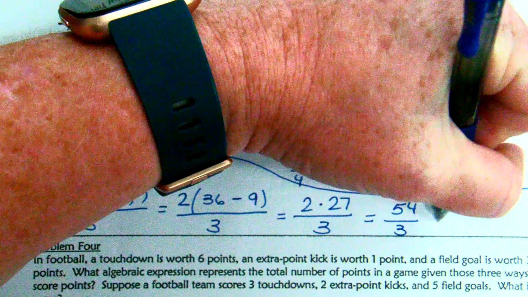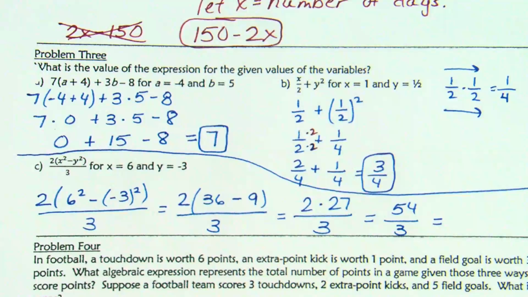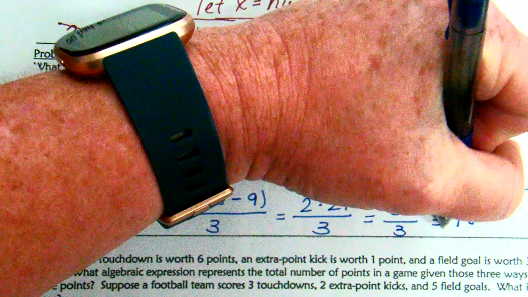Okay. 2 times 27, 54. 54 divided by 3. Close. Go up 1.